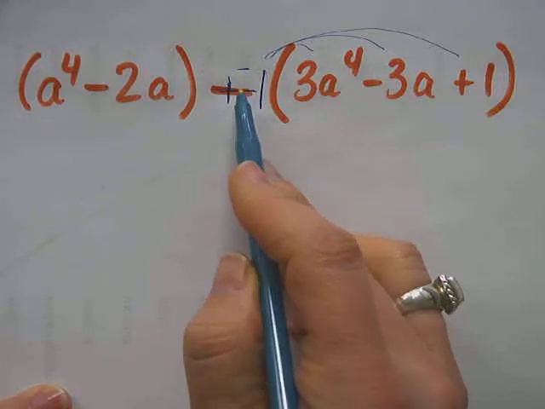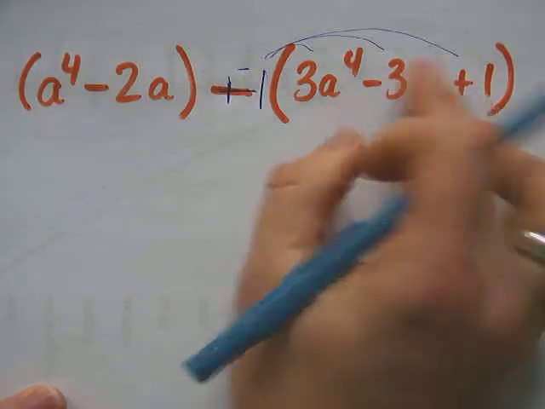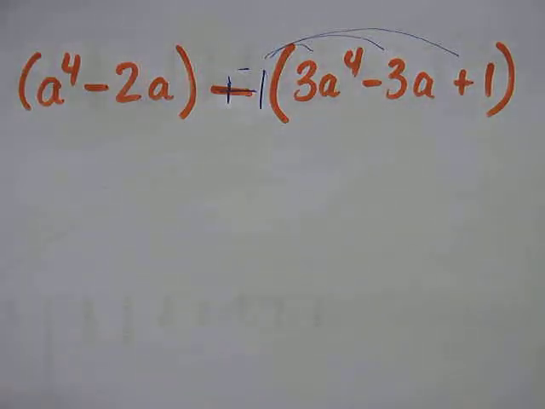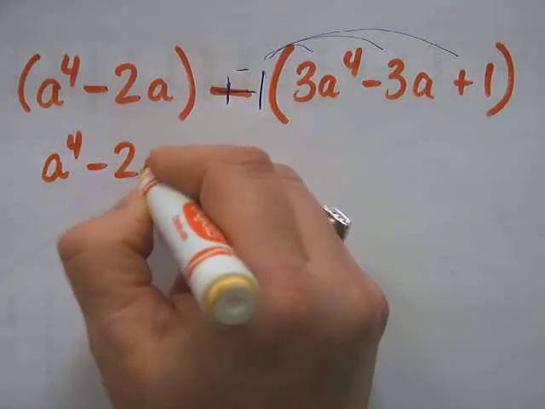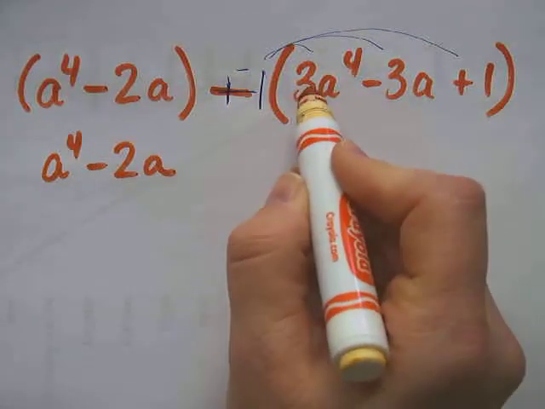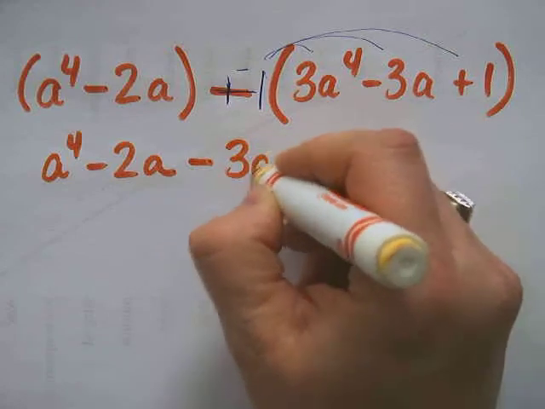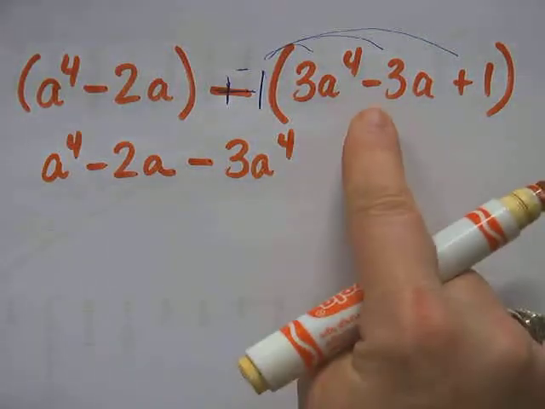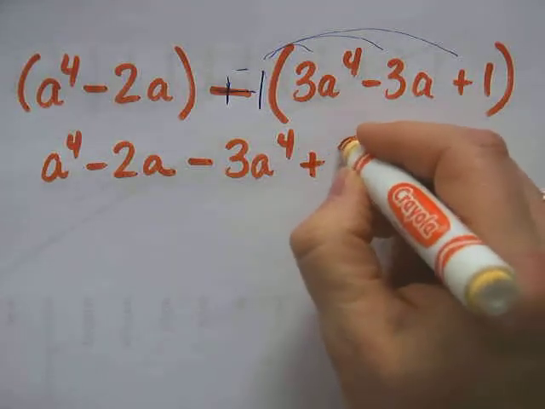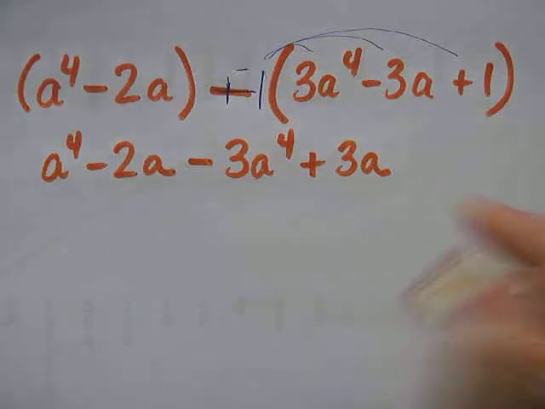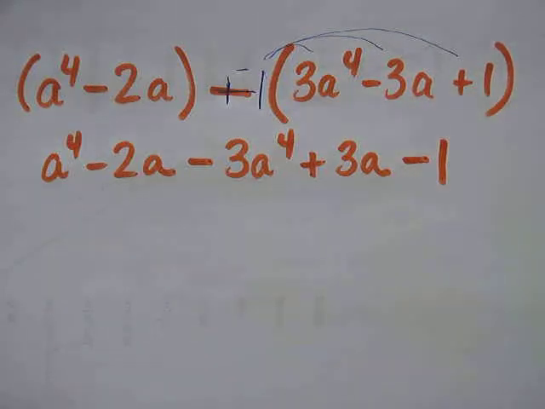In other words, when you subtract an entire value in parentheses, all of these things become opposite. So we have a to the fourth minus 2a, but then the positive 3a to the fourth becomes negative 3a to the fourth. We are subtracting a negative 3a, so that becomes positive 3a. And we are subtracting a positive 1, so that becomes negative 1.